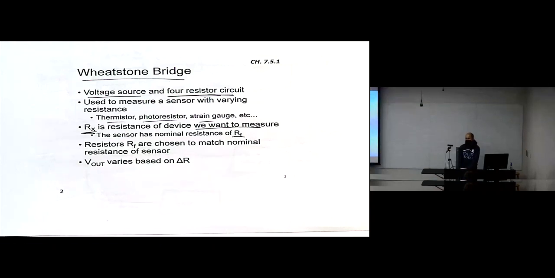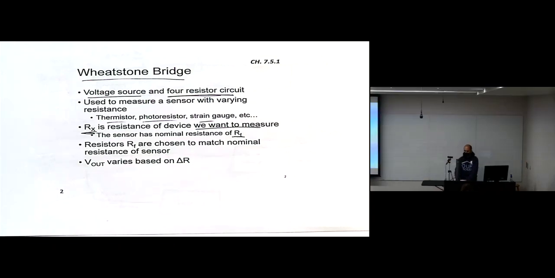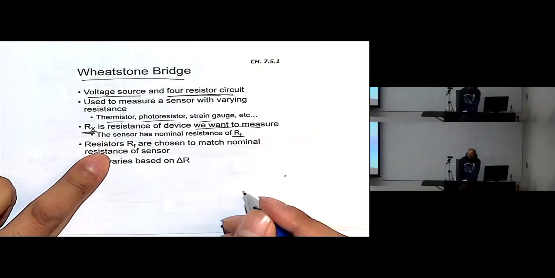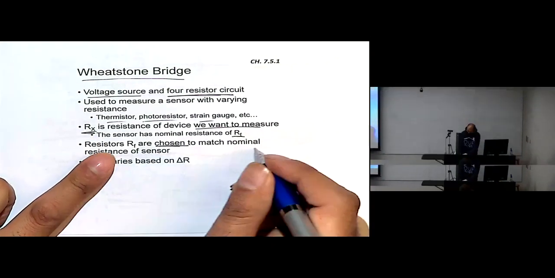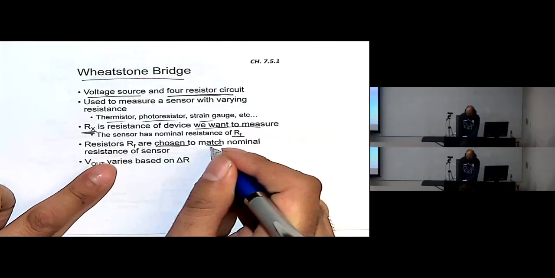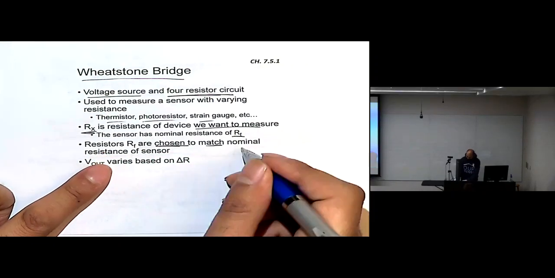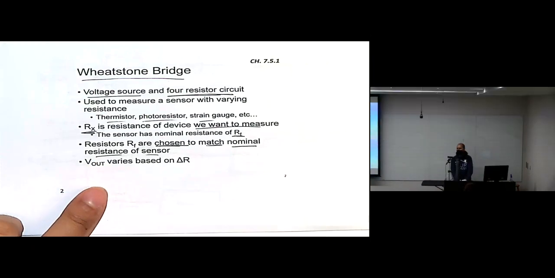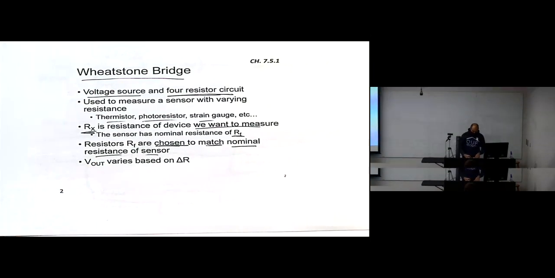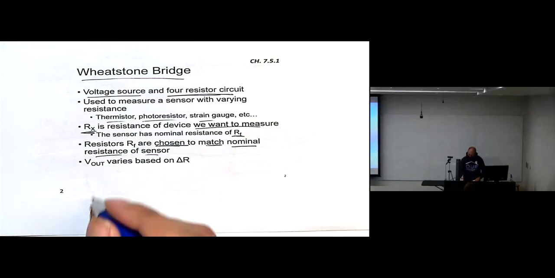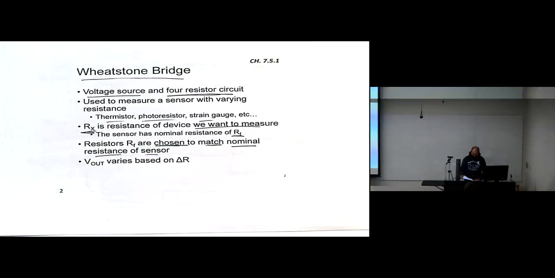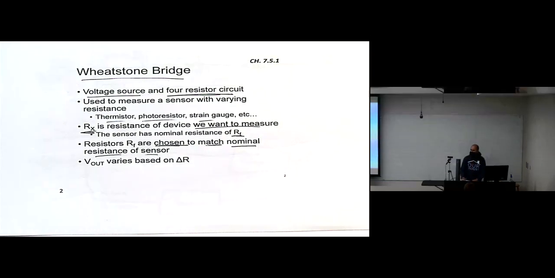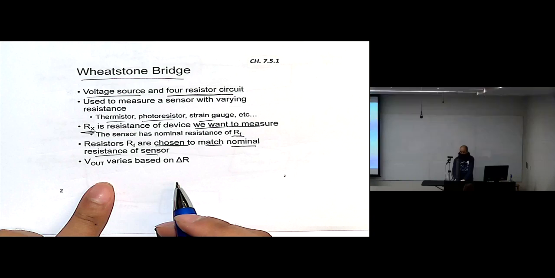We prefer to choose the other 3 resistors to match the nominal resistance of the sensor. Then we calculate the output voltage, and based on that, we can determine how much the resistor is. If the output voltage is 0, then all of these resistors are matched.